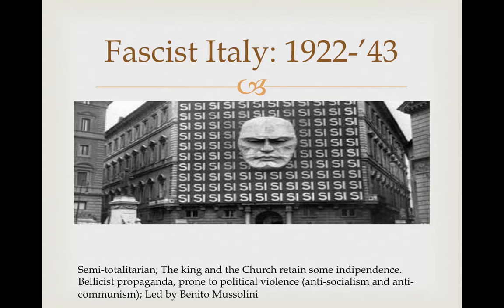What's important to know is how Mussolini stressed his bellicist propaganda and how his movement was prone to political violence, especially anti-socialist and anti-communist propaganda.